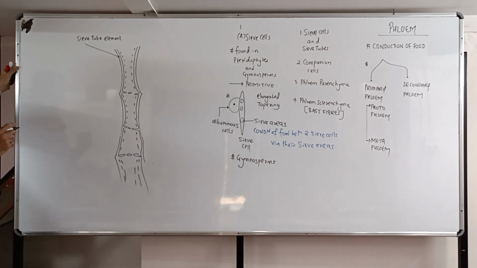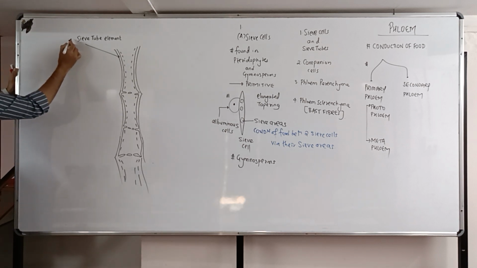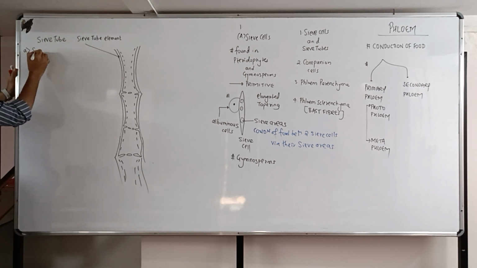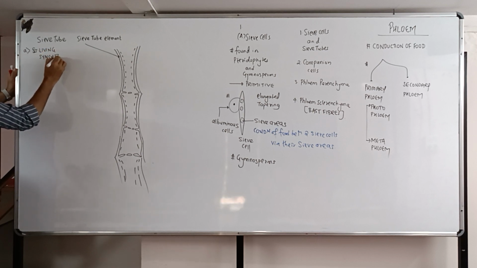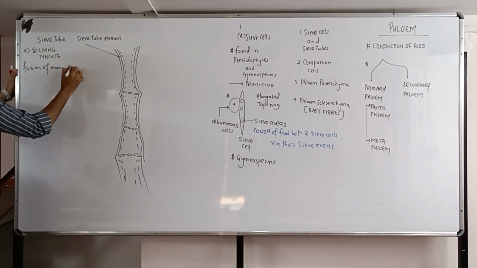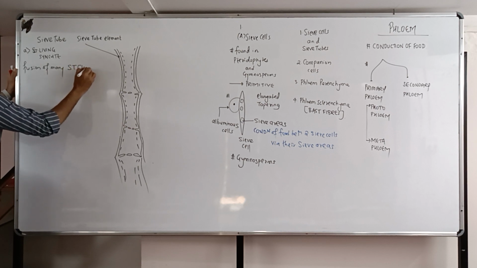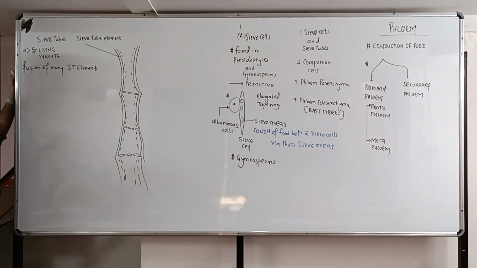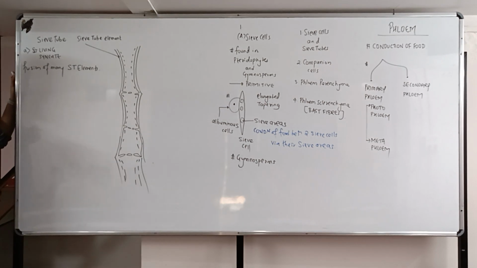I am describing the sieve tube, and the first point I said is that it is a living sink site. That is, it is a fusion of many sieve tube elements.